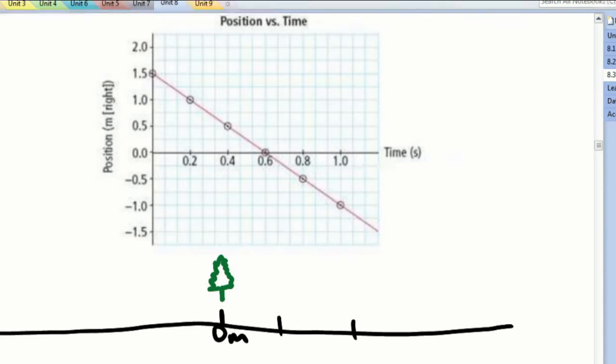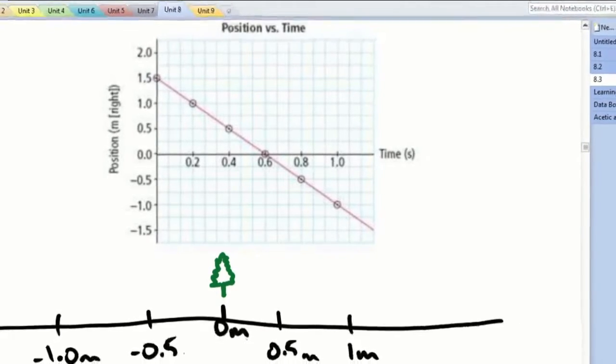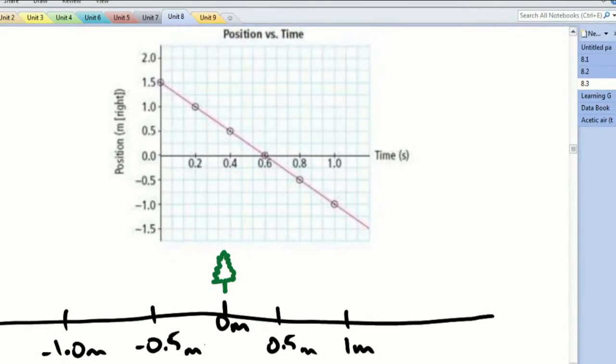So there we go. I have 0 meters. This is 0.5 meters. This is 1 meter. This is negative 0.5 meters and negative 1 meter. And I have some object. Let's make it just a red ball. I guess I need 1.5 out here.